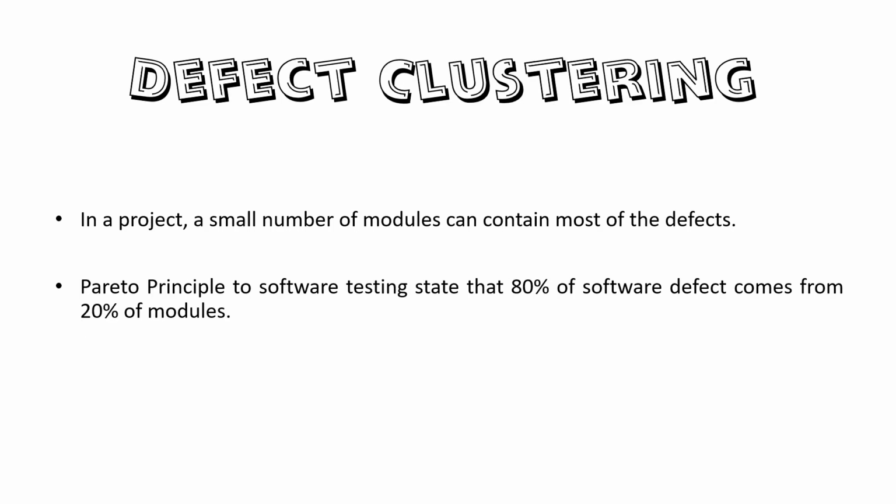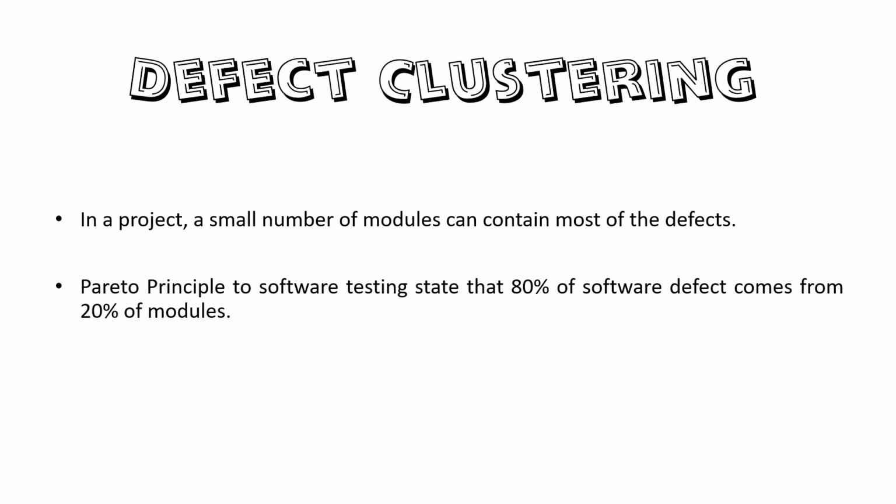The next principle is defect clustering. Clustering means grouping of objects or entities in one particular position. So defects are clustered in one particular place. We have different sets of modules in a software, and joined together we call it an integrated software, or the software completely. We can have the modules as pages also.